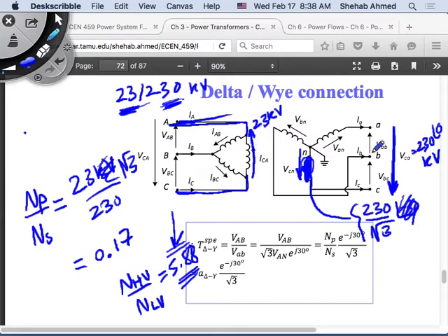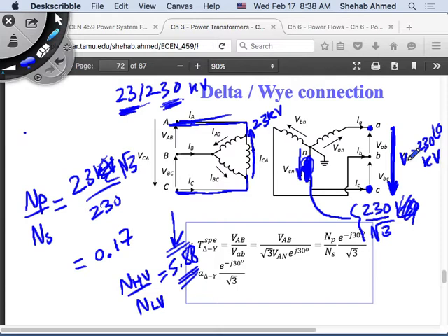And the terminal voltage on the secondary, again, this is VCA. VCA is the voltage between terminal A and terminal C. VCA is 230 kilovolts. That's the terminal voltage of the transformer. What is the turns ratio?